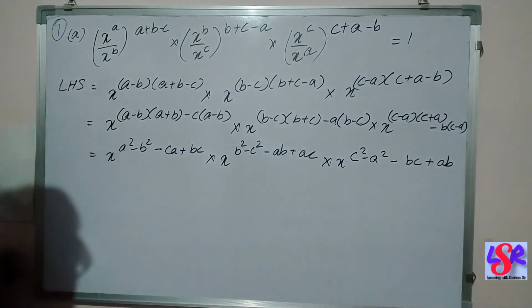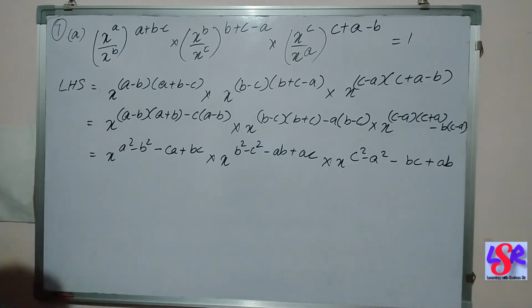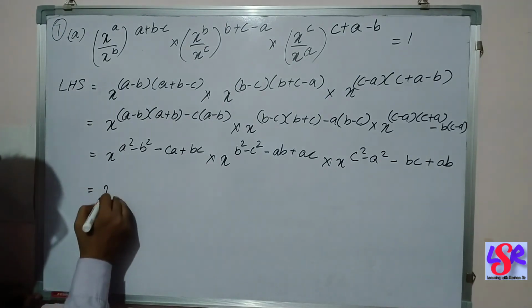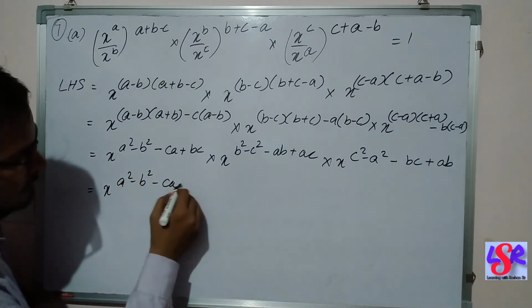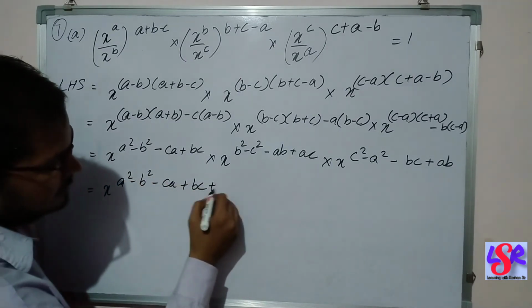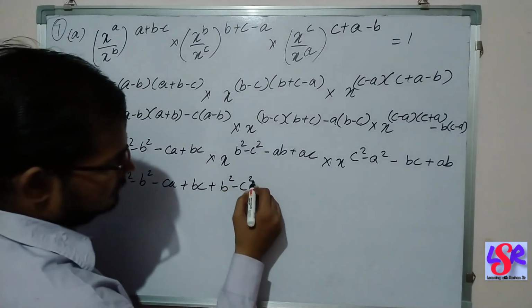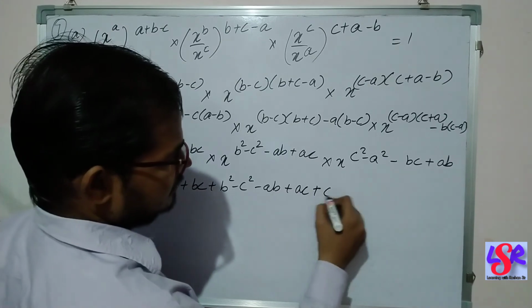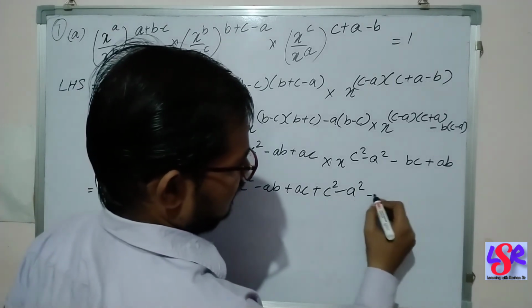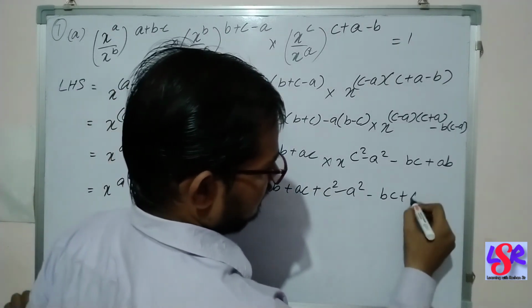Now as all of them have the base x, all the powers can be added, and this will be x to the power a square minus b square minus ca plus bc plus b square minus c square minus ab plus ac plus c square minus a square minus bc plus ab.